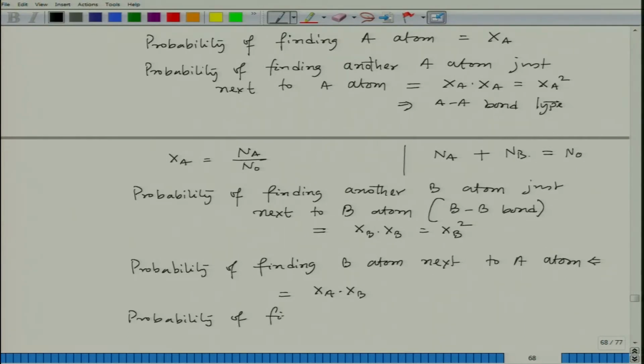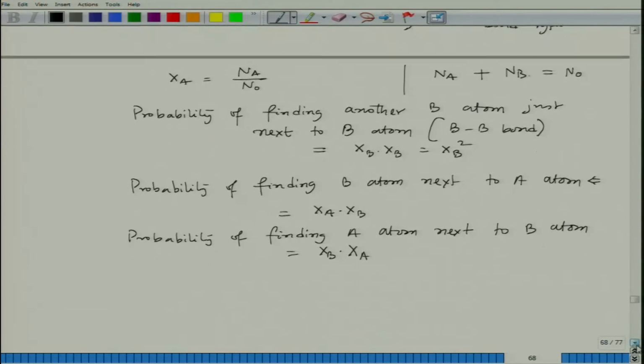So, that means the probability of finding A atom next to B atom would be, first, the probability of finding B atom at any site, which is XB, and then next would be the probability of finding A atom next to it.